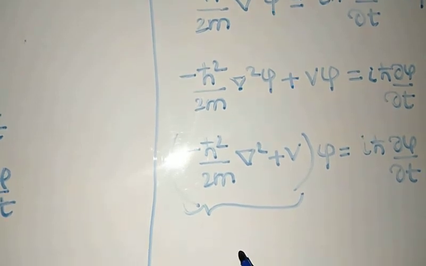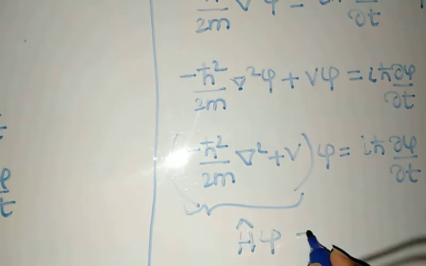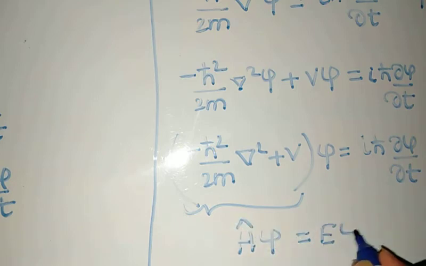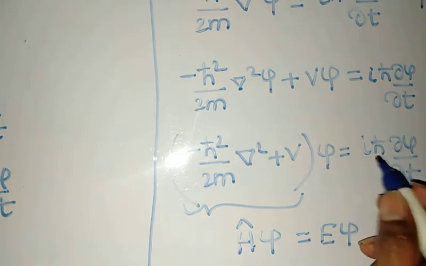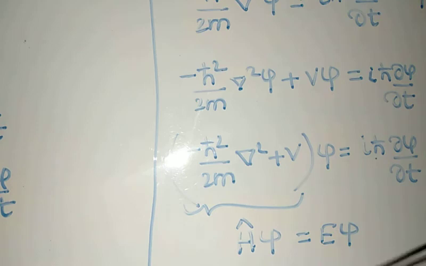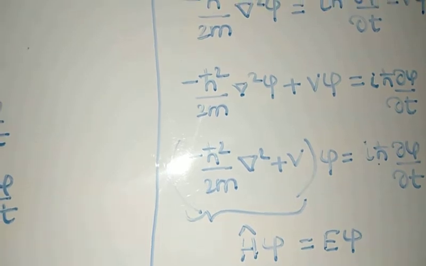So we write H psi is equal to E psi, because we know E psi is i h cut deva psi upon deva t. Just we have shown here. Yes, you may see very clearly.